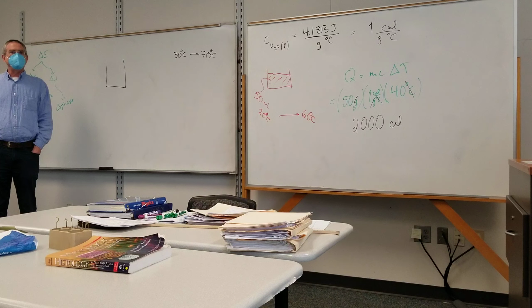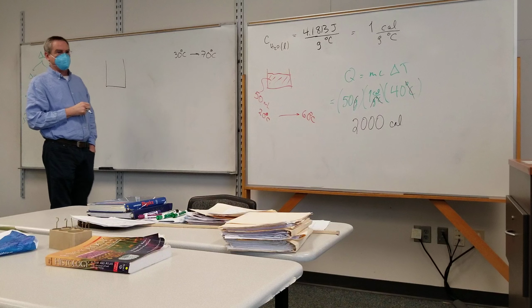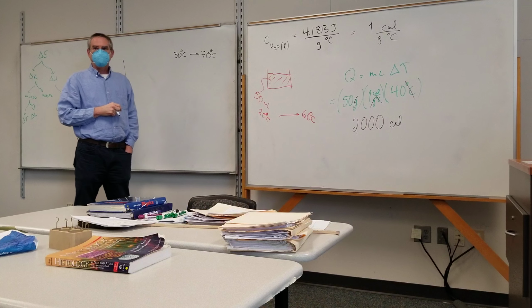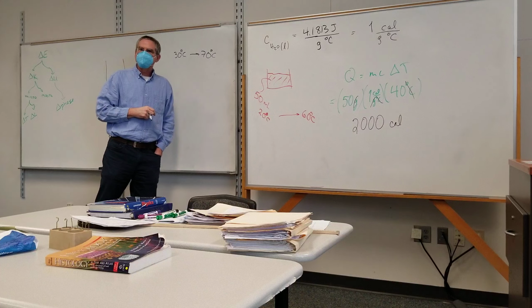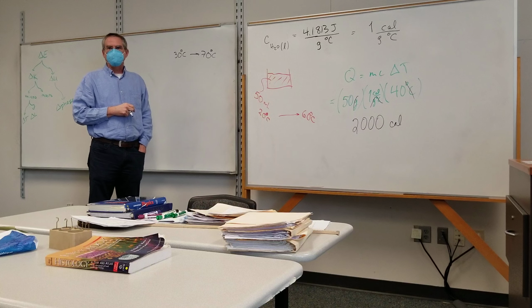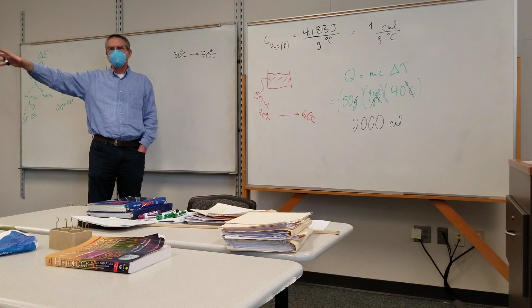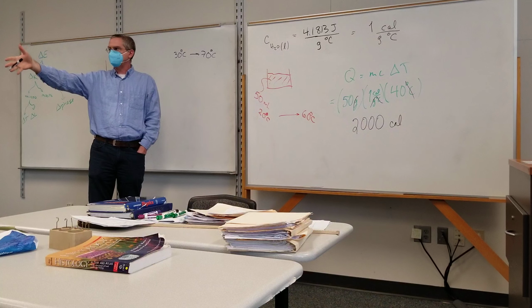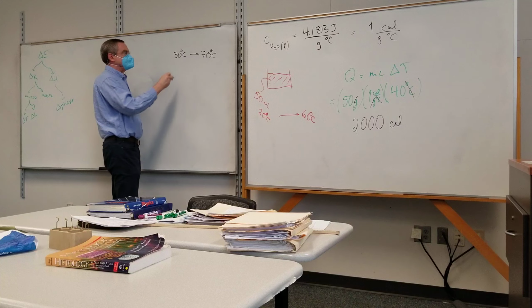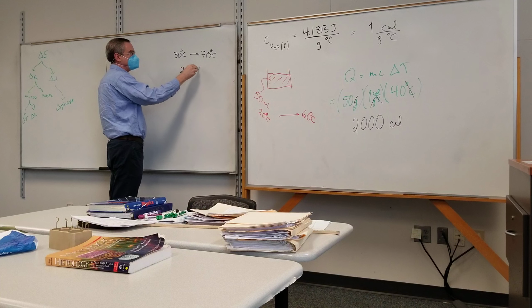Yep. Is it always good to find the change in temperature so we can know how much energy was used? It'll be crucial to find the change in temperature to know how much energy was used. Isn't that still 40? It'll be 40 degrees Celsius. The change in temperature is the same, and therefore it'd also take 2,000 calories.